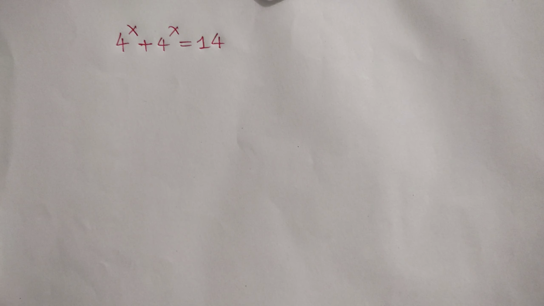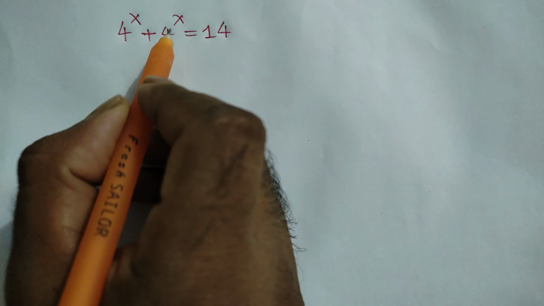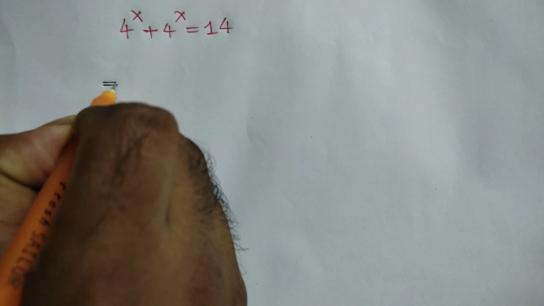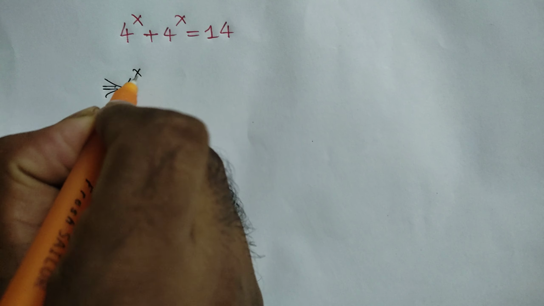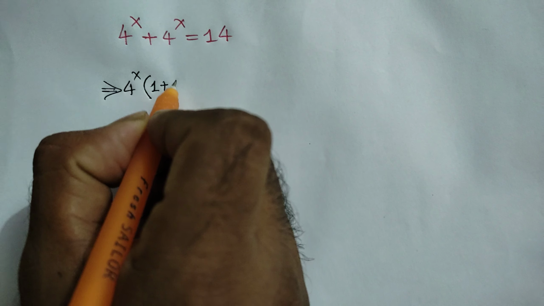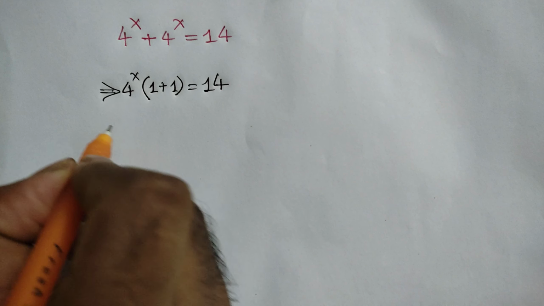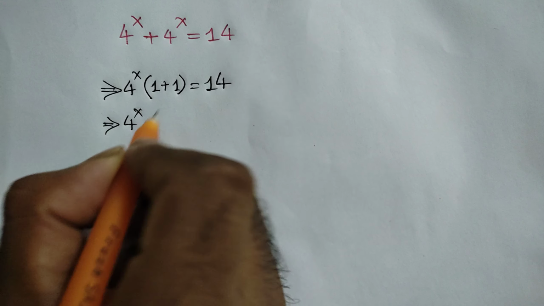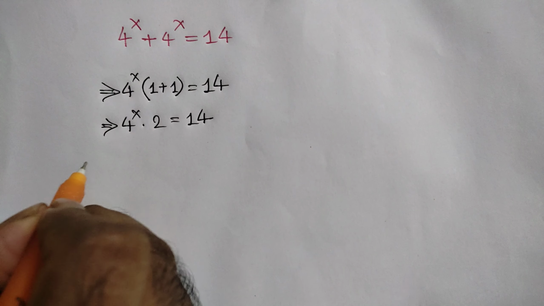In this video I am going to show how to find the value of x where 4 to the power x plus 4 to the power x is equal to 14. Taking common 4 to the power x, here we will get 4 to the power x times (1 plus 1) is equal to 14, or 4 to the power x times 2 is equal to 14.